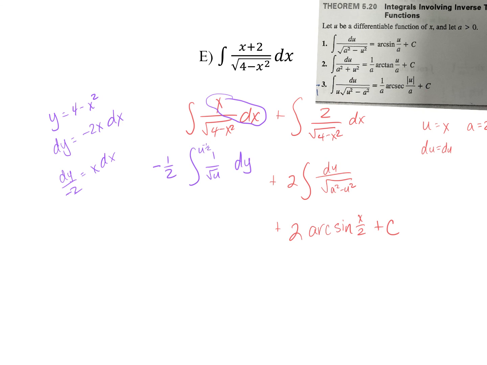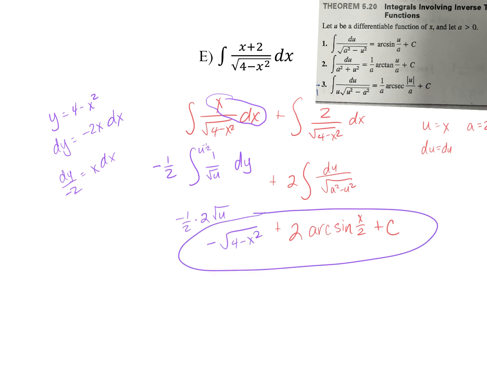So if I bump that up, it becomes positive 1/2. And then I would divide by 1/2, which would be multiplying by 2. So this becomes 2 times the square root of y, and I'll have that negative 1/2. So this just becomes negative square root of 4 minus x squared plus 2.